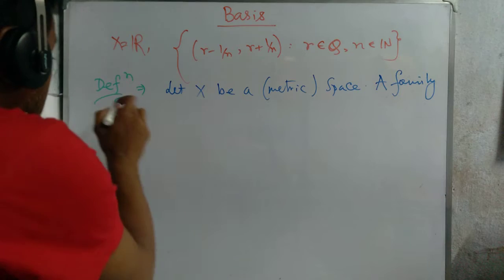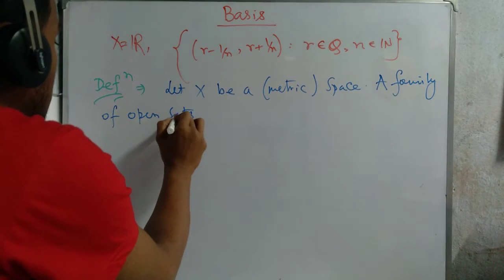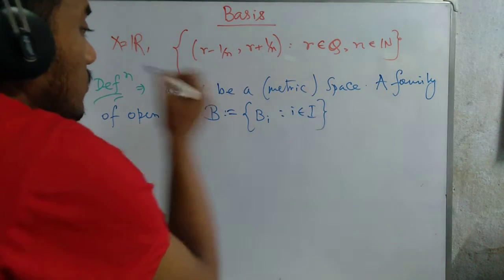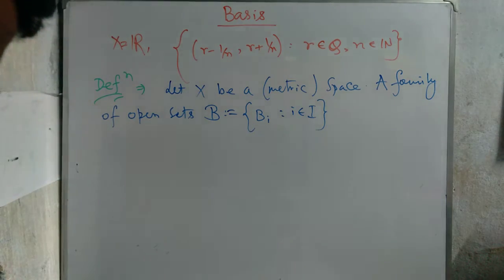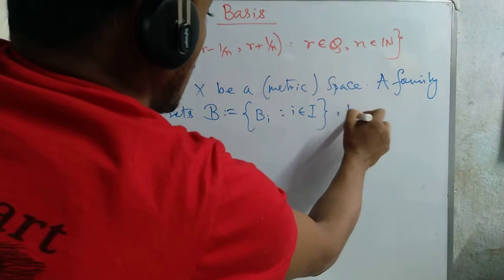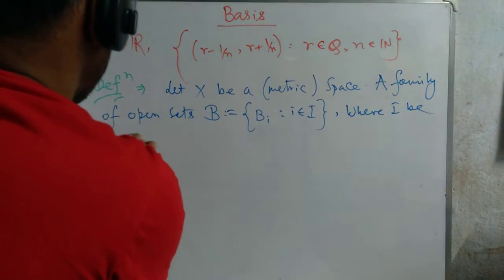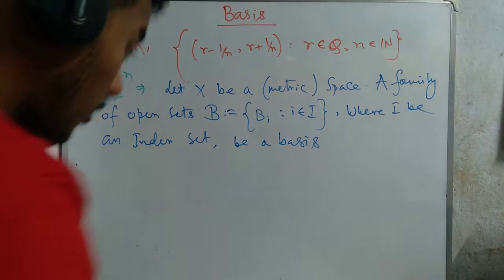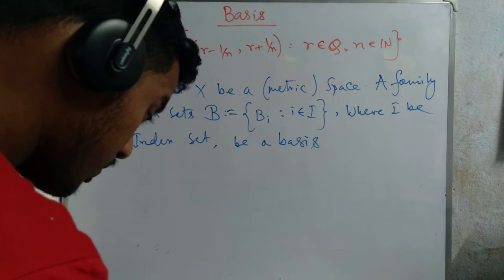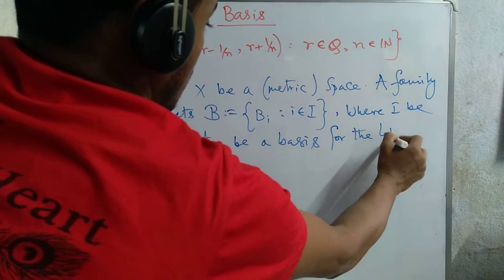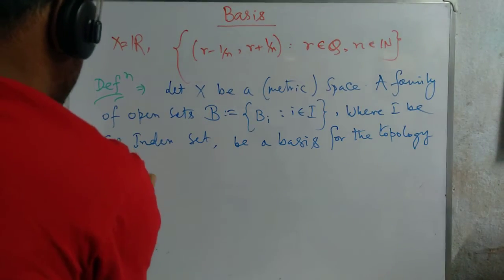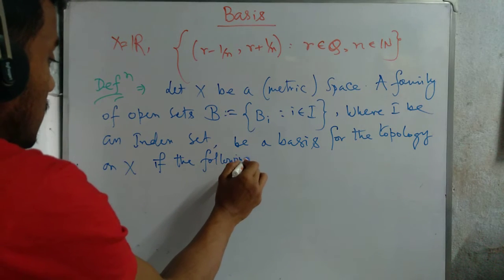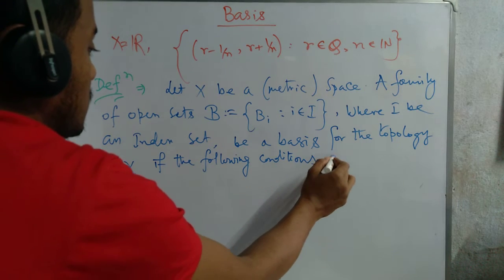A family of open sets, script B equal to {Vi : i belongs to I}, where I is an index set, is a basis for the topology on X if the following condition is satisfied.